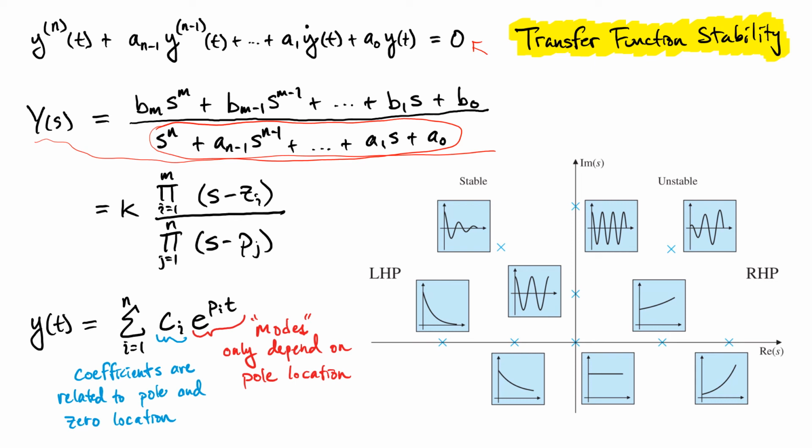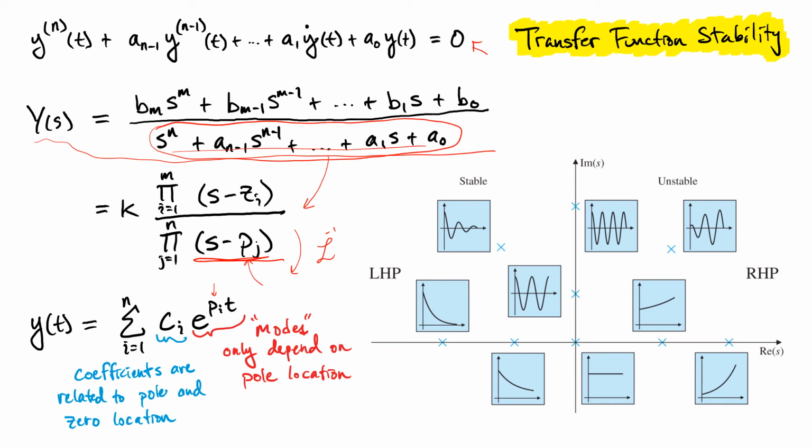And the reason for that is because when we do our partial fraction expansion, we essentially get terms that look like this, and these pj, essentially the different poles that are the roots of this denominator polynomial, end up being, when we take the inverse Laplace transform to get these exponentials, the exponents of this exponential.